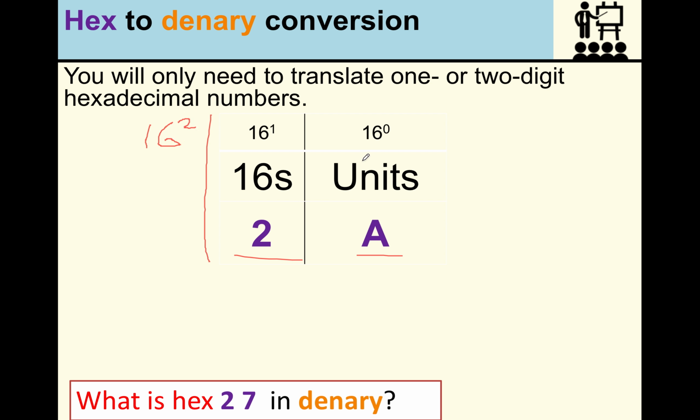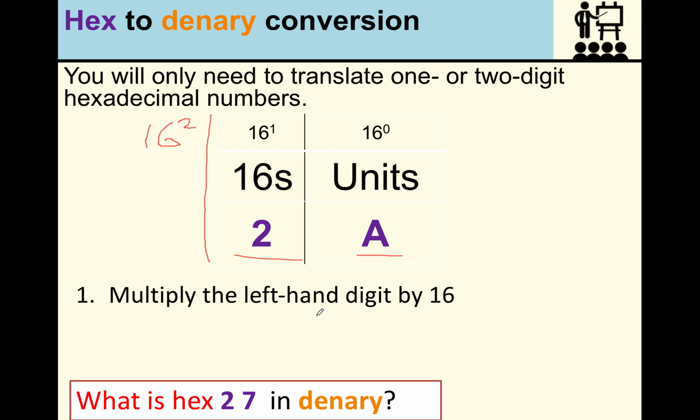So when we calculate this, we multiply the left-hand digit by 16, because 16 to the power 1 is 16. So we're doing 2 times 16. And we add the units on the right, because 16 to the power 0 is 1.